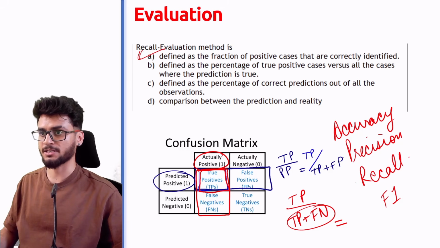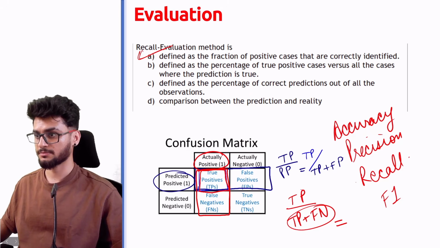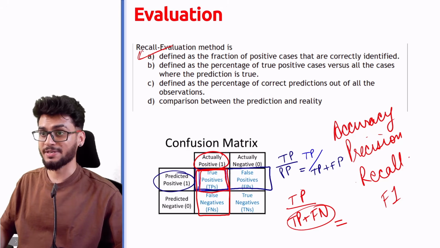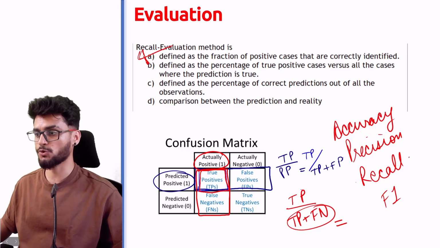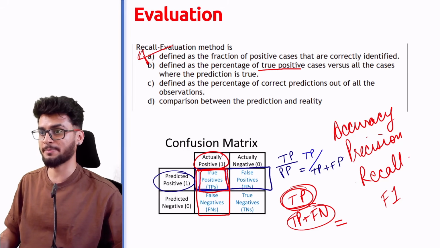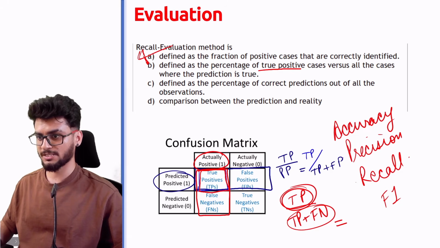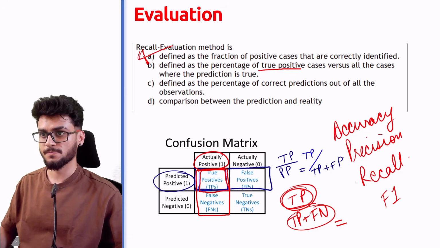So A is the correct answer. Defined as the fraction of positive cases. Okay, so A is not the right answer. We have to consider true positive. So true positive cases versus all the cases where prediction is true. So this one should be the right answer.